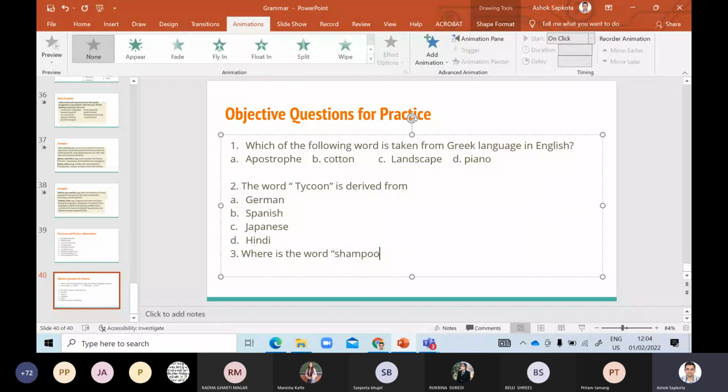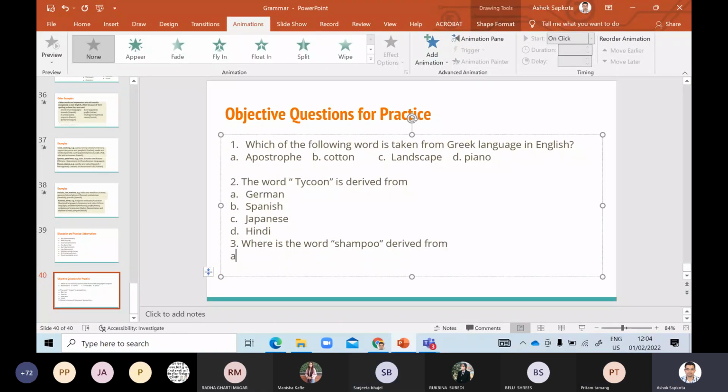Do you use shampoo, guys? Yes, sir. Option A is Arabic. Option B is Persian. Option C is Nepali. Option D is Hindi.